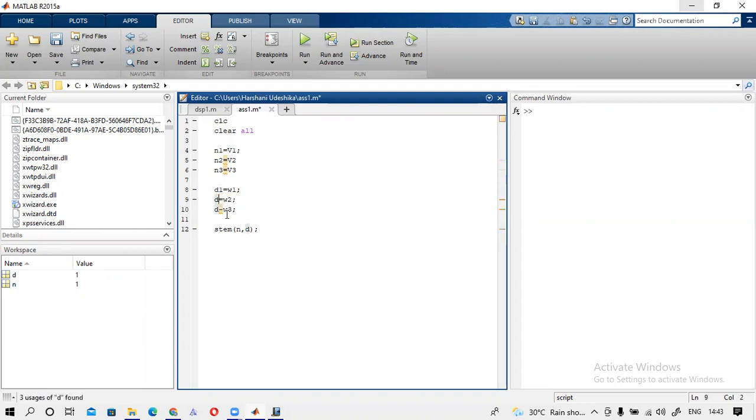If you use only one variable, that will also be okay, but anyway I will put it like this. I have to draw these 3 signals.